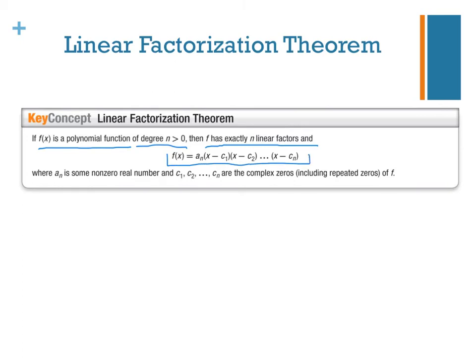So f of x is equal to a sub n, which is a coefficient, times x minus c1, x minus c2, through x minus cn. You are going to have exactly n linear factors for a polynomial whose degree is n. Again, a sub n is some non-zero real number, and c1, c2, through cn are the complex zeros, including real zeros, of the function.